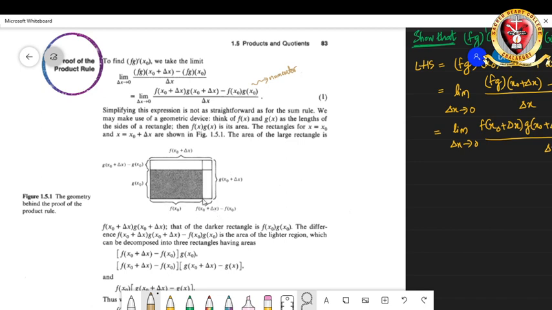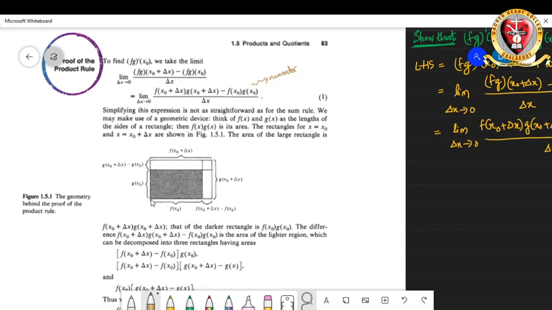So if we are taking the point here, we know that the small portion here, this length will be f of x naught plus delta x minus f of x naught, right? Now similarly here, suppose the length from here to here is g of x naught, and the whole length is g of x naught plus delta x. So the small length sitting here will be g of x naught plus delta x minus g of x naught, right?